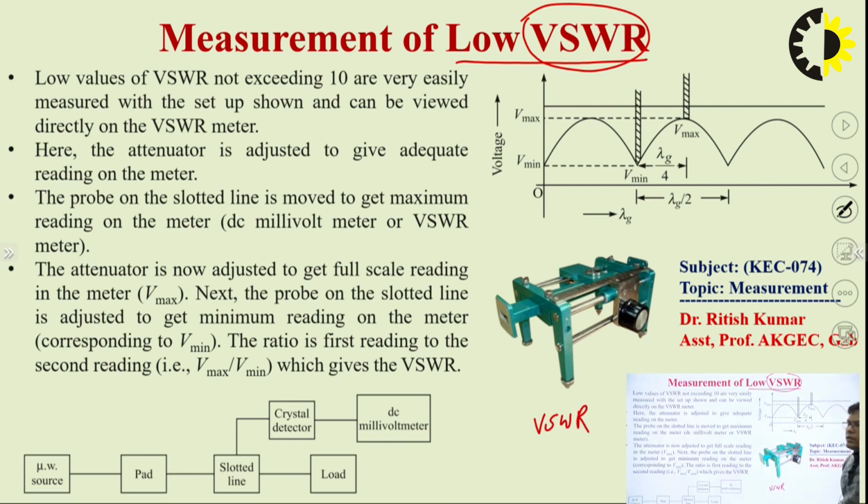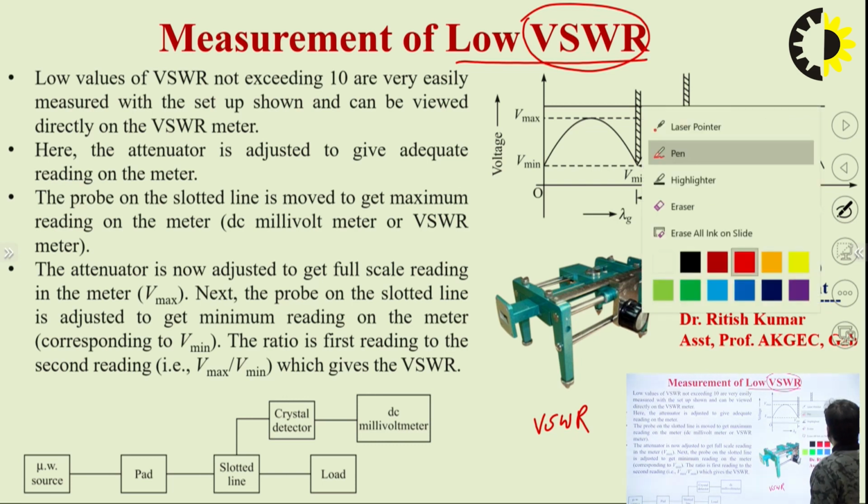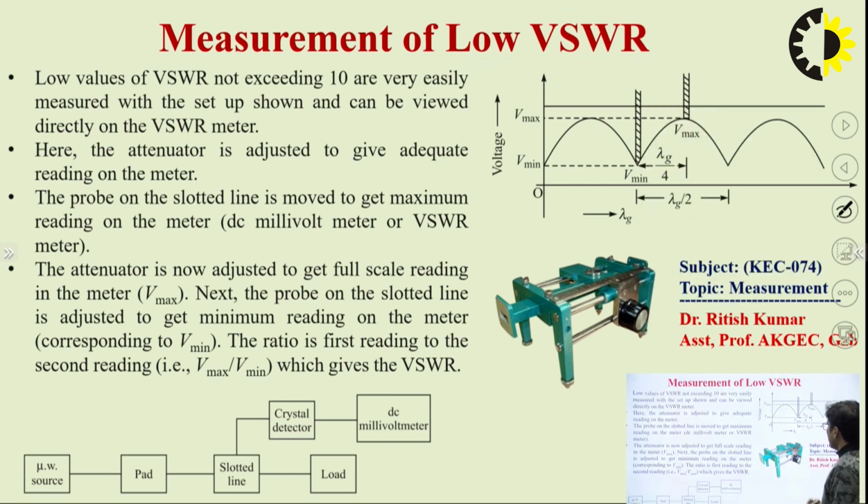VSWR is directly related to the reflection coefficient. It occurs whenever we get a mismatch between the load impedance and the characteristic impedance of a transmission line such as a waveguide.